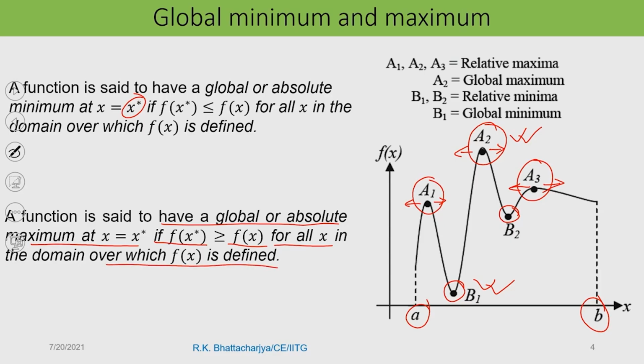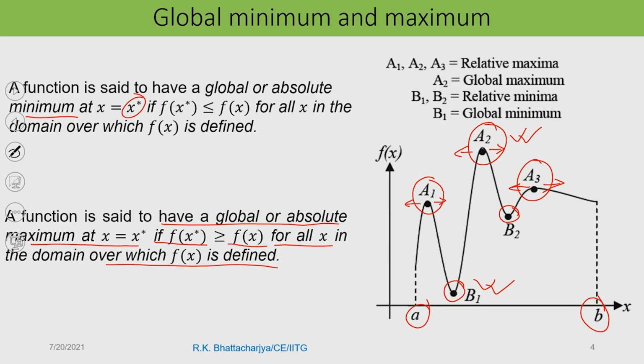If I look at these definitions of global minimum and global maximum and this particular function, a2 is the best maximum solution. So, I can say that a2 is the global maximum. Similarly, b1 is the best solution in terms of minimum point. Therefore, b1 is your global minimum.